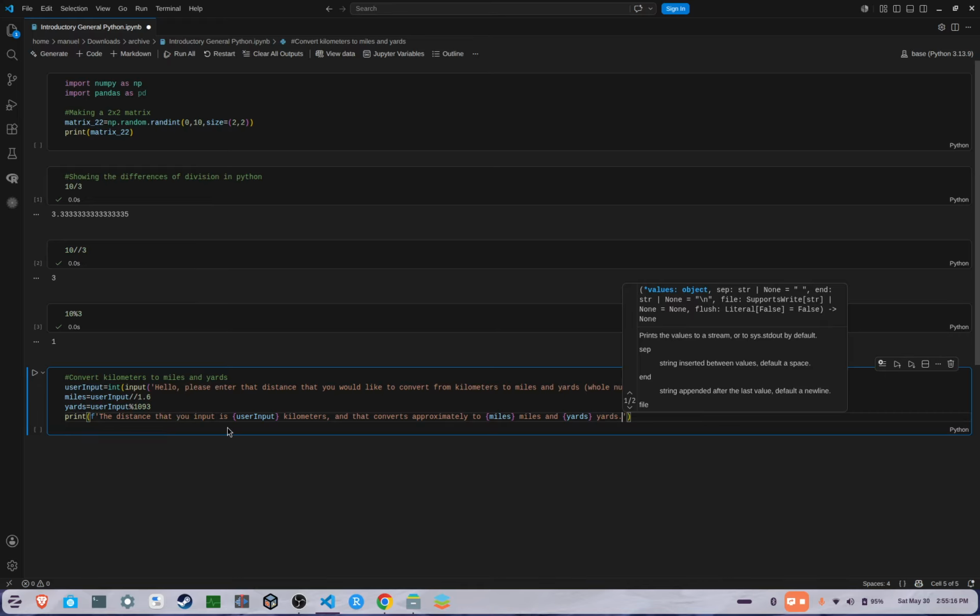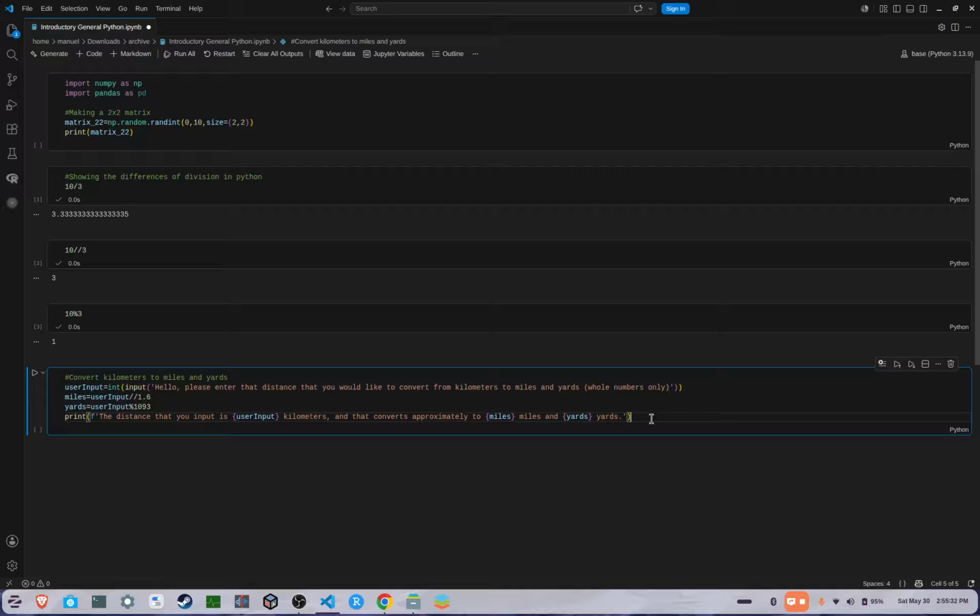Now, notice that the user input, miles and yards, we had those in blue. That's because those are the variables we're going to use. So we're telling Python, spit out the variables that they input and the ones you calculated.